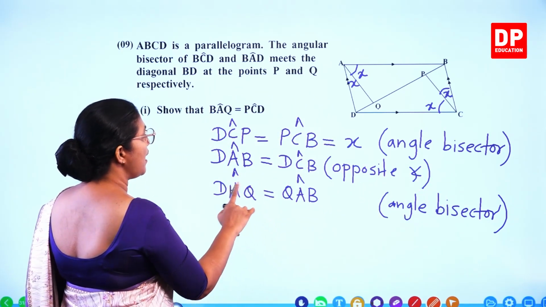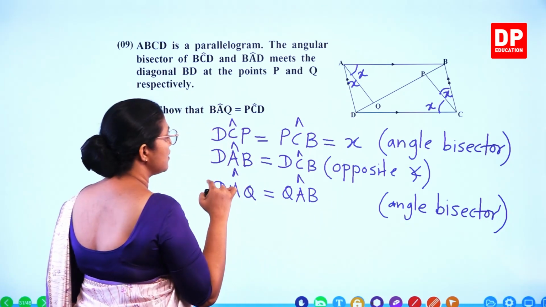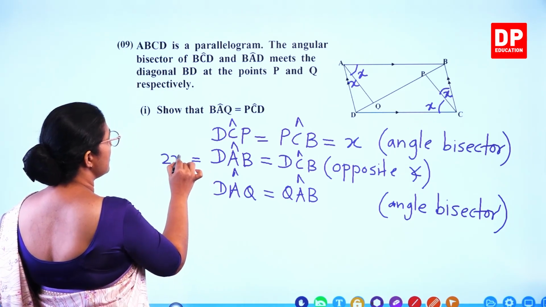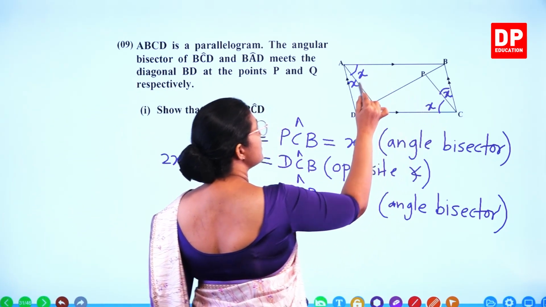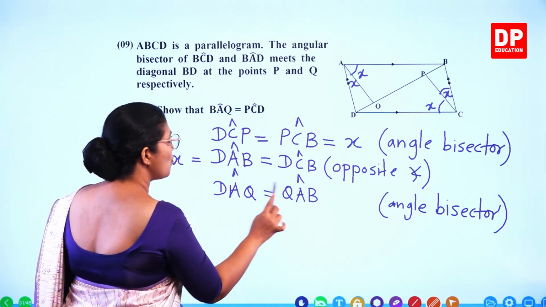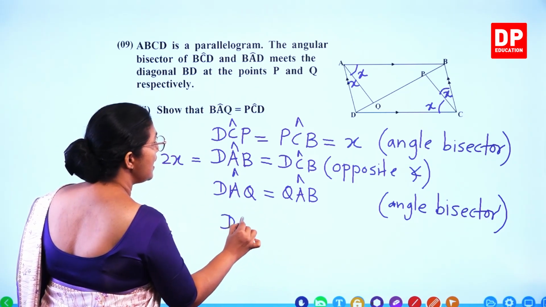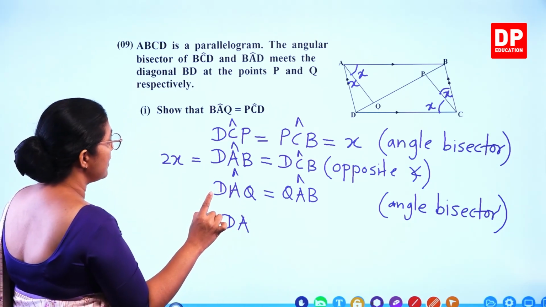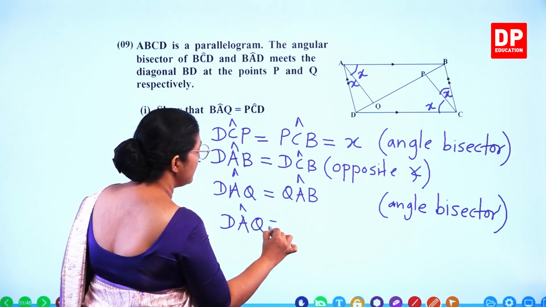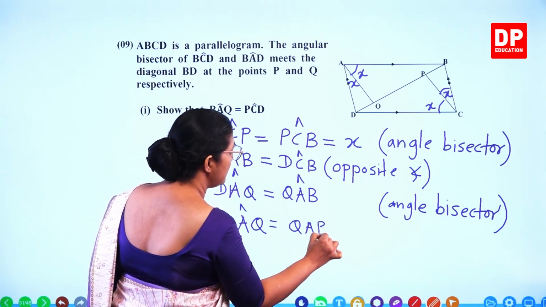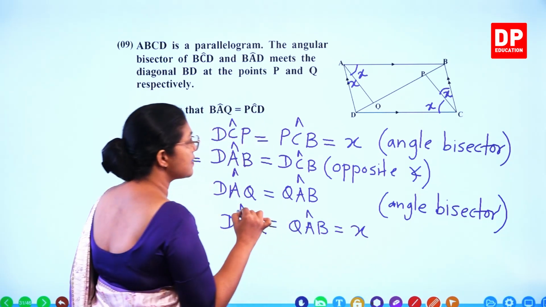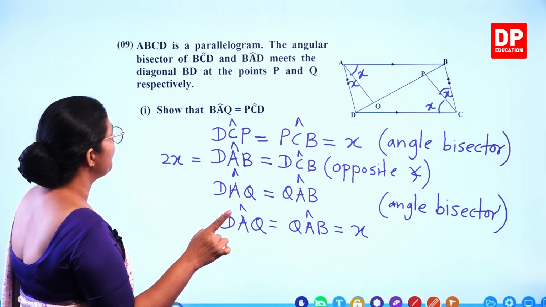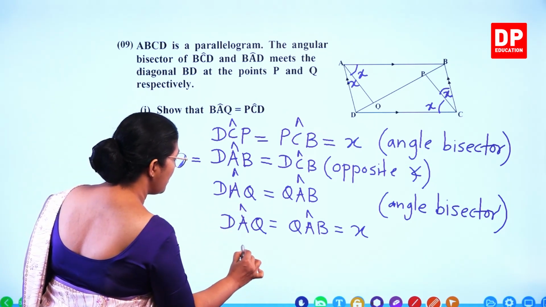So we know this is a bisector, so I can write this one is 2x because the whole angle is 2x, that's equal to 2x. Then again these two are equal, that means angle DAQ and this angle QAB, each one, that's X. Now we can see QAB, or you can write BAQ.